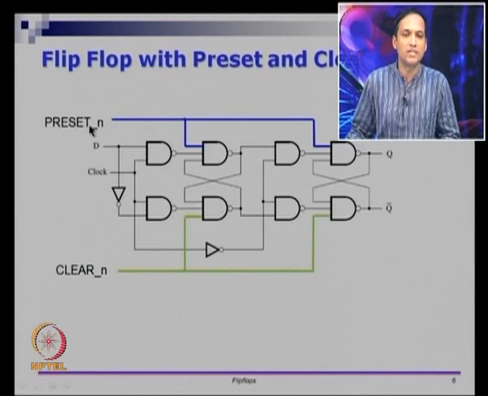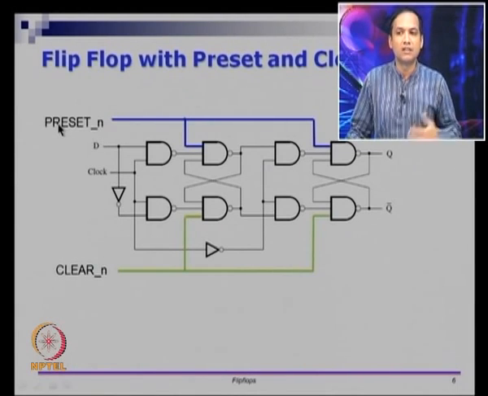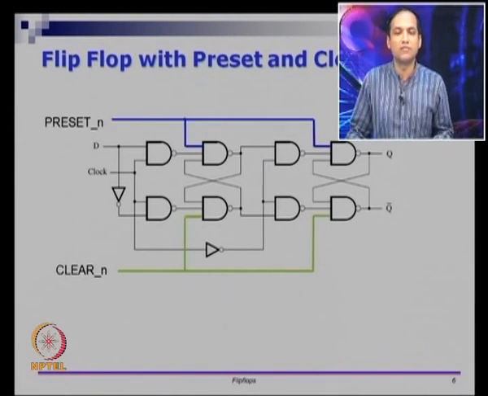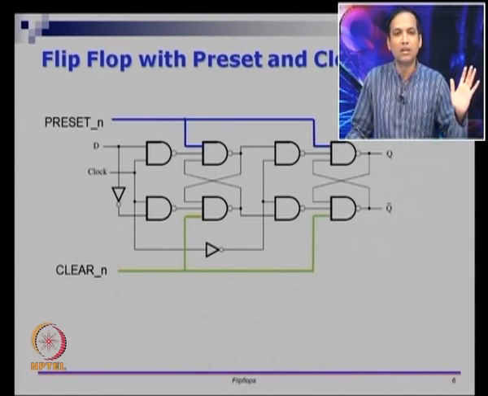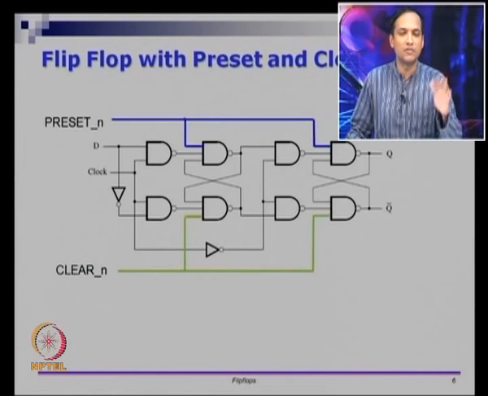The first thing to notice is preset is not just preset, it is marked with preset underscore n. So, what we are doing here is what is called negative logic. Right. First of all, the word preset means you want the flip flop to be 1 even without data input. So, this is not reset, it is preset.